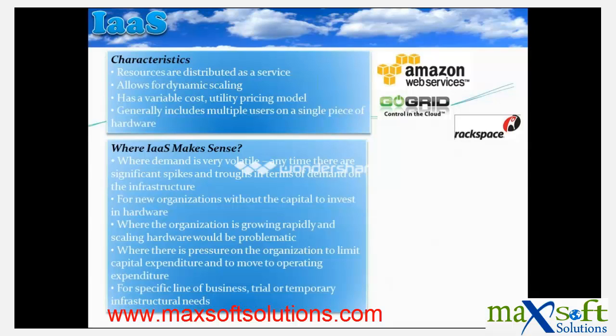Using this IaaS, the cloud computing provider will give the security, space, everything to the end user. Rackspace, GoGrid, Amazon Web Services are some of the IaaS providers nowadays in the market.